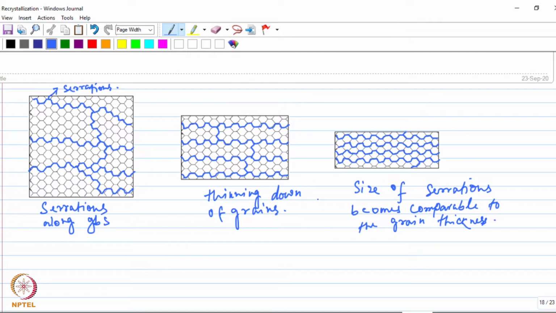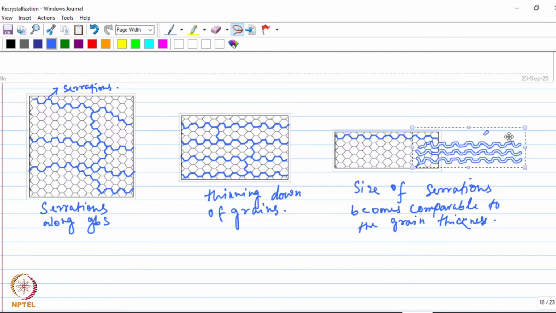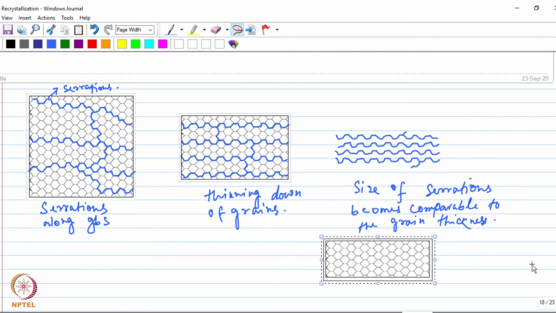So if I simply remove these grains from this particular diagram, from the third one, you would realize what I'm trying to say here. Let me see if I can remove this. Right, so I have just removed these grains and I have left behind only the serrations over here.